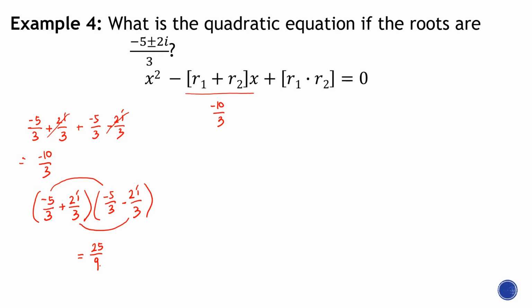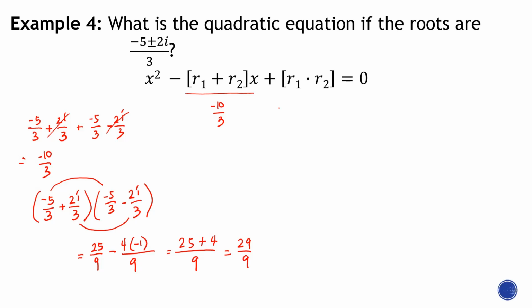Negative 5 times negative 5 is 25. 3 times 3 is 9. Minus 2 times 2 is 4. i times i is i squared, which is equal to negative 1 over 9. So this is 25 plus 4 over 9, which is equal to 29 over 9. All right? Negative 1 times 4 is negative 4 times the negative sign here, so that's plus 4.